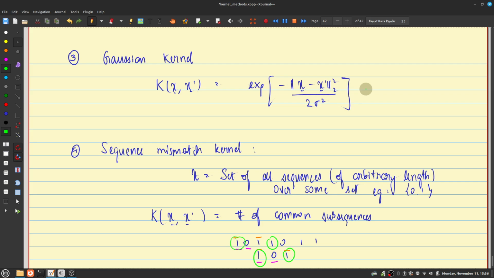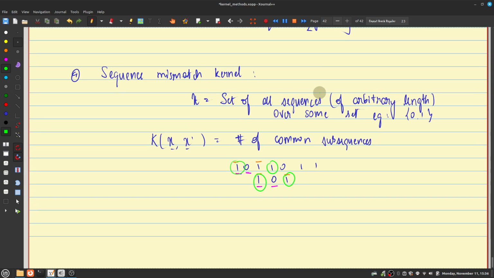For the inner product, it is minimized when the two vectors are in the opposite direction. For the Gaussian kernel, k of x, x prime is small if x and x prime are far apart in Euclidean distance. The same holds true for the sequence mismatch kernel.